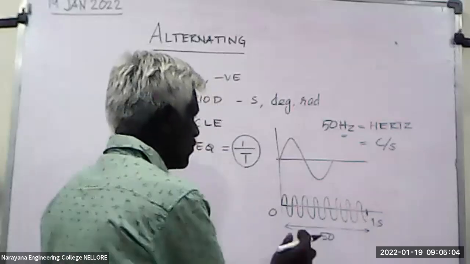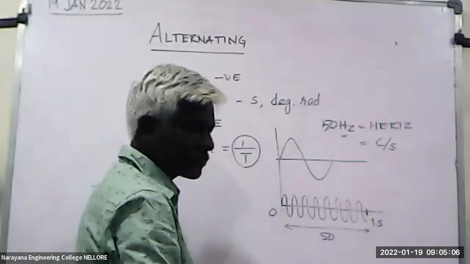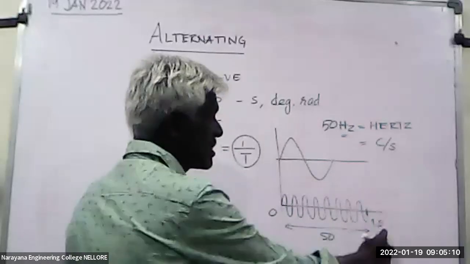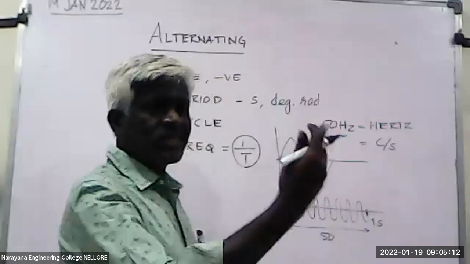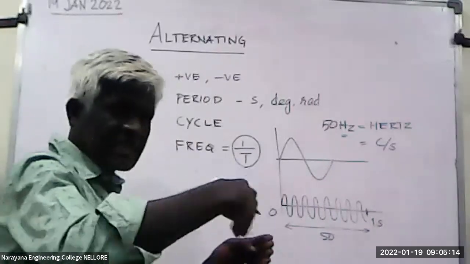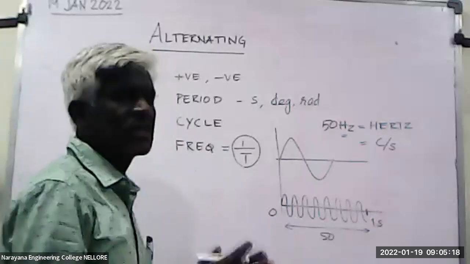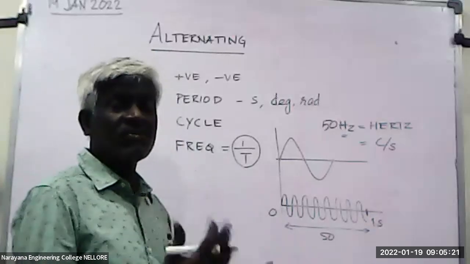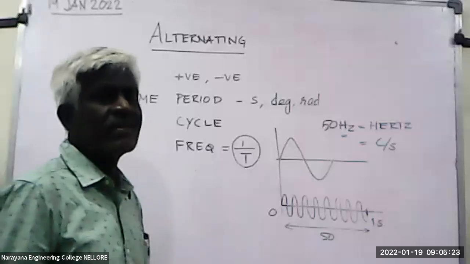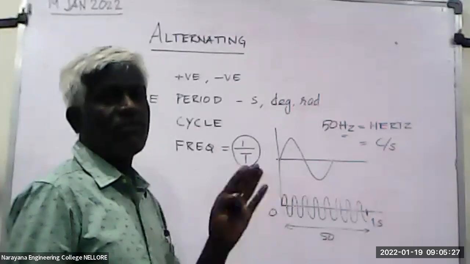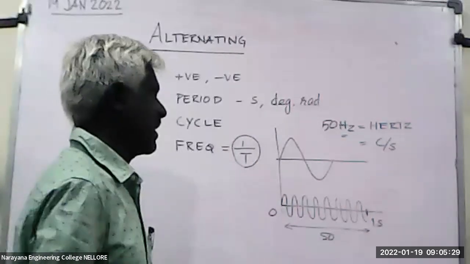So 50 cycles are repeated in 1 second. If the frequency is 60 Hertz, 60 such sinusoidal signals will get repeated within 1 second. So our generator, our electronic inverter, should be designed in such a way that they are able to give an AC signal of 50 cycles within a second.